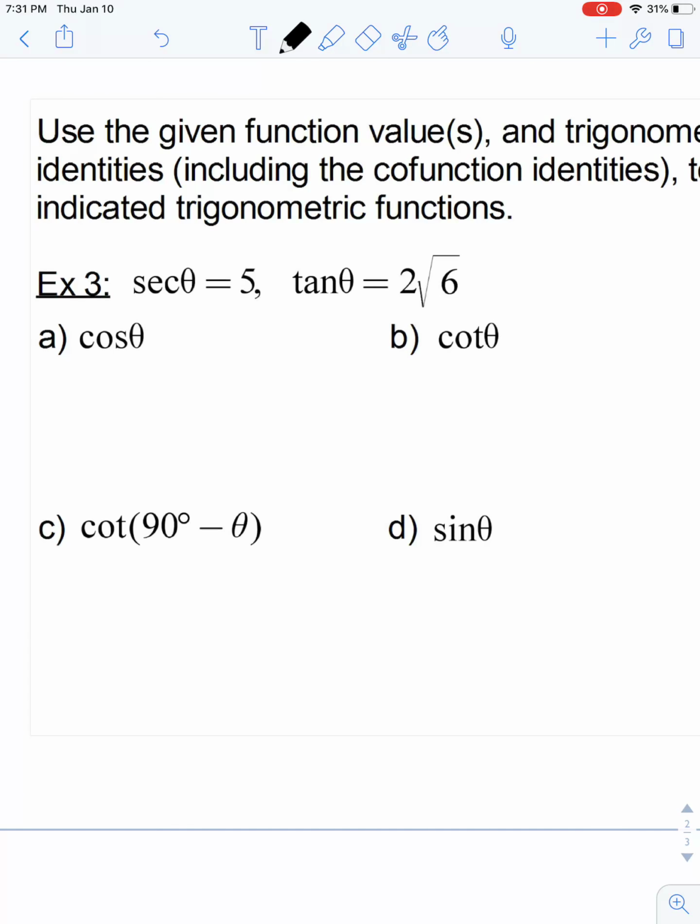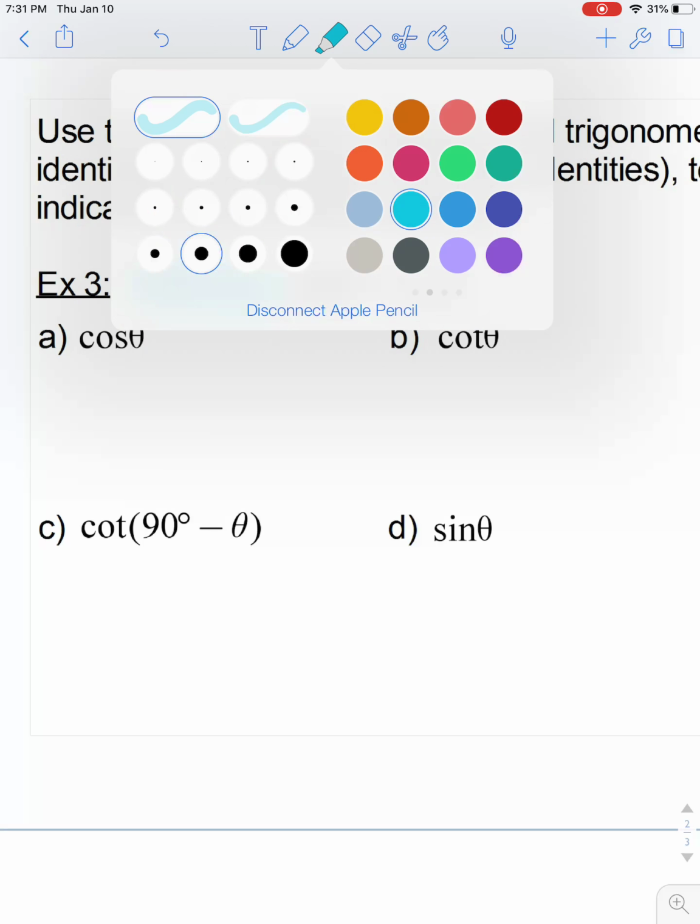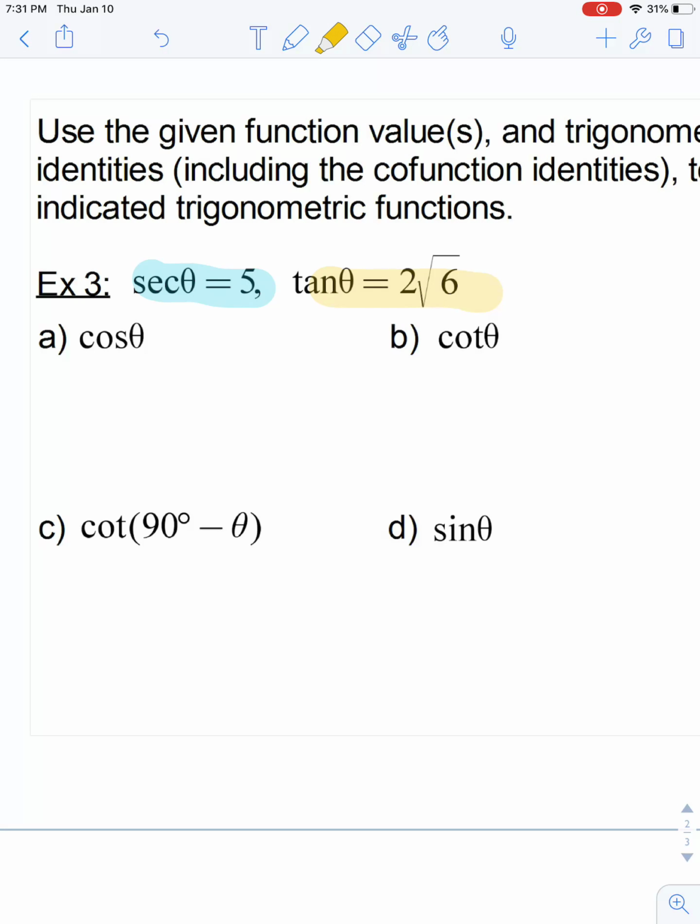Alright, so I'm given secant of theta equals 5, and tangent theta equals 2 square root 6. So cosine theta, well, that's just going to be the reciprocal of the secant theta here.